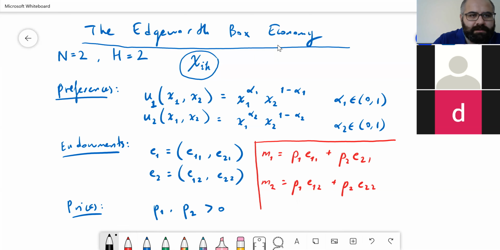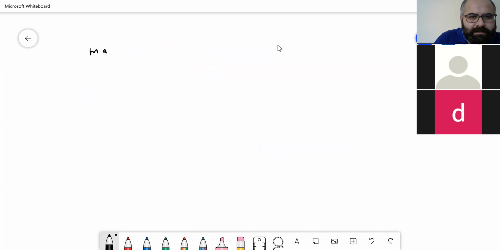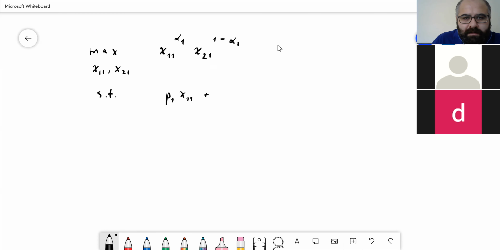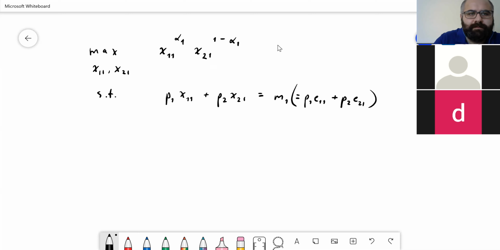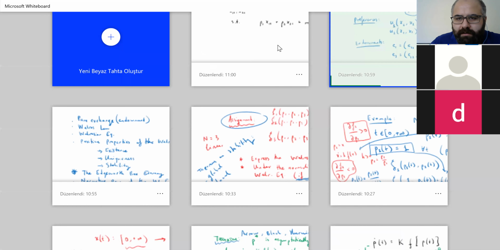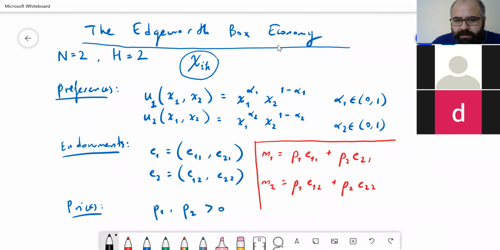So our consumers solve something like this: maximize X11 to the power alpha 1, X21 to the power 1 minus alpha 1, by choosing X11, X21, subject to P1 X11 plus P2 X21 equals M1, and M1 is again given as P1 E11 plus P2 E21.